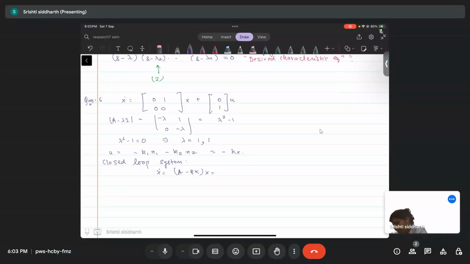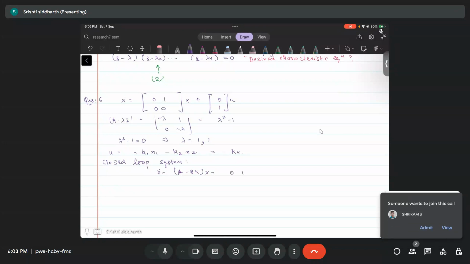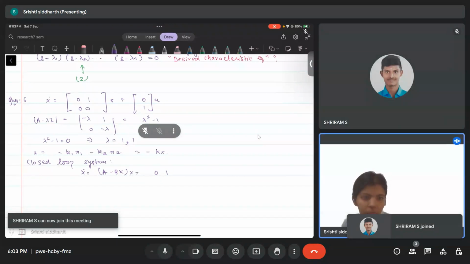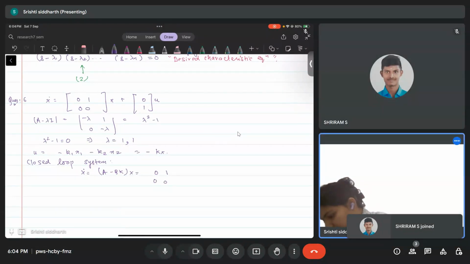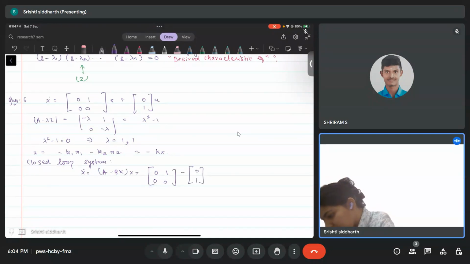So let's substitute these matrices. We have [0, 1; 0, 0] minus B times the gain matrix K, that is K1, K2, times the vector x.